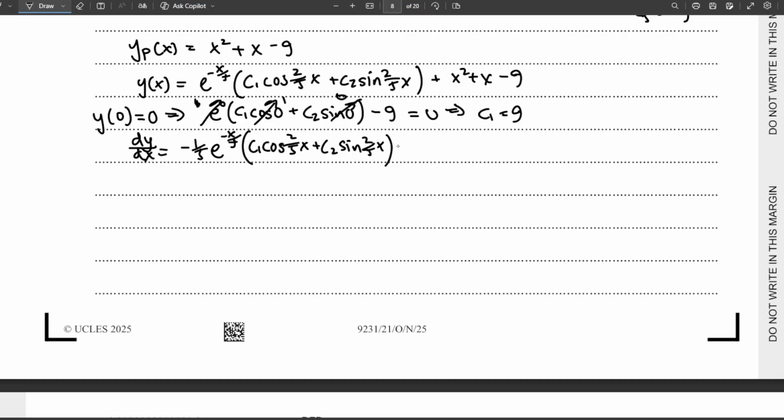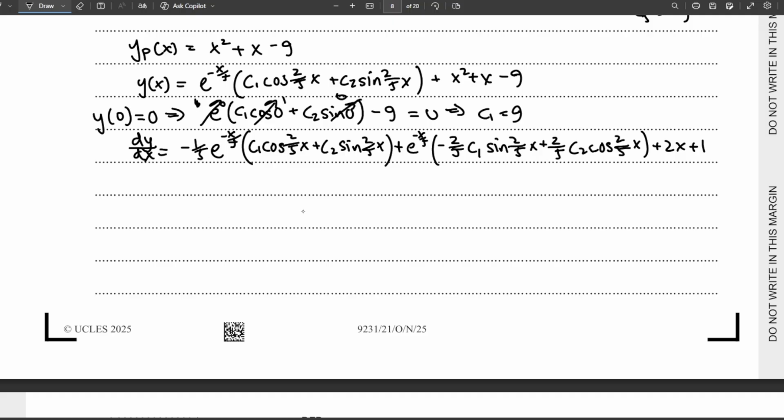Now I will leave the exponential term, then I'll differentiate the inside here, so it's a negative 2/5 c1 sine 2/5 x, and this sine becomes cosine, and I multiply again the inside, so 2/5 c2 cosine 2/5 x, and this polynomial behind here we just differentiate as usual, so 2x plus 1.